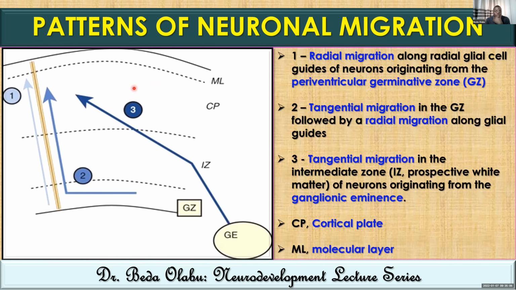The cortical plate represents the region that will become the cerebral cortex. The earlier neurons that migrate will occupy these deeper zones, and the later waves of migration occupy more superficial zones.